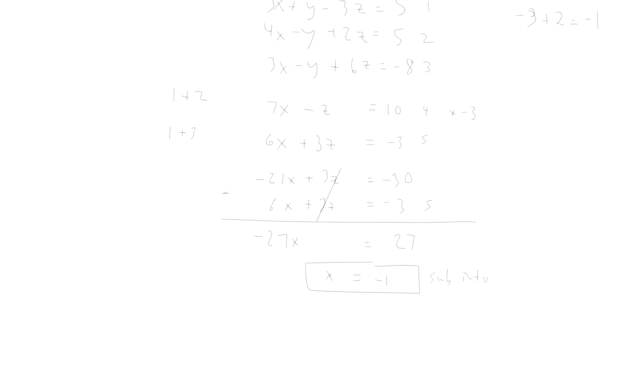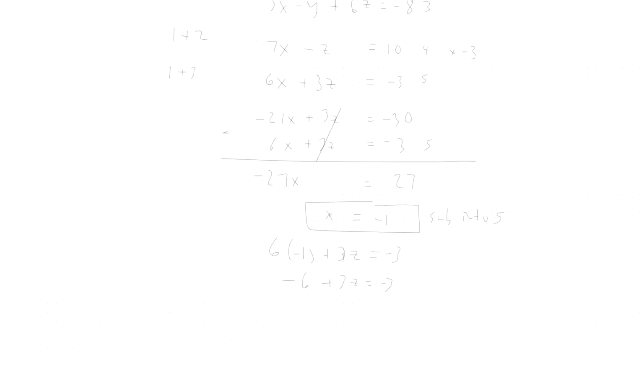So 6 times -1 plus 3z equals -3. 6 times -1 is -6 plus 3z equals -3. Add 6 to both sides, you'll get 3z equals 3. Z equals 1. So we got x and we got z.